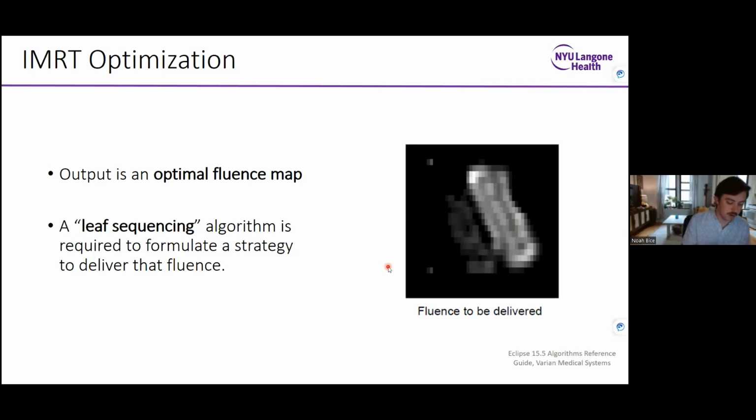So what's required is this intermediate step of turning that fluence map into a series of MLC leaf patterns, and that's done with a leaf sequencing algorithm. A leaf sequencing algorithm basically takes this fluence map that we decided was optimal, it satisfies our objective function, and comes up with a strategy to try and deliver that fluence given our mechanical capabilities.